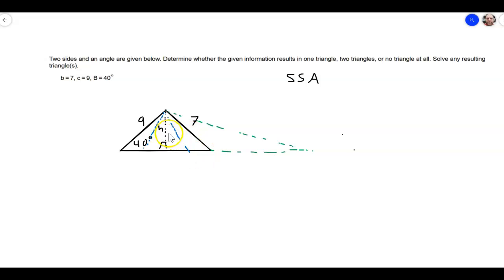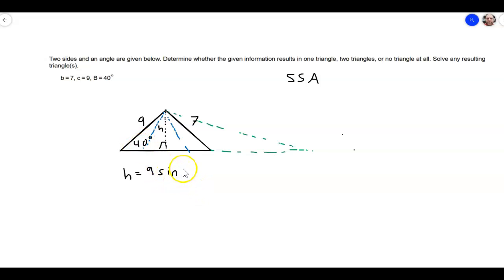So really what we do is we need to check this height and then compare this value here to the height and this value over here. So in order to find this value here, the height is just going to be equal to this side here, so that's going to be 9 times the sine of that angle there.